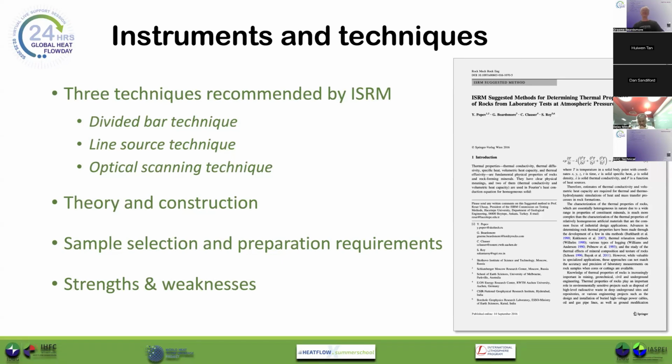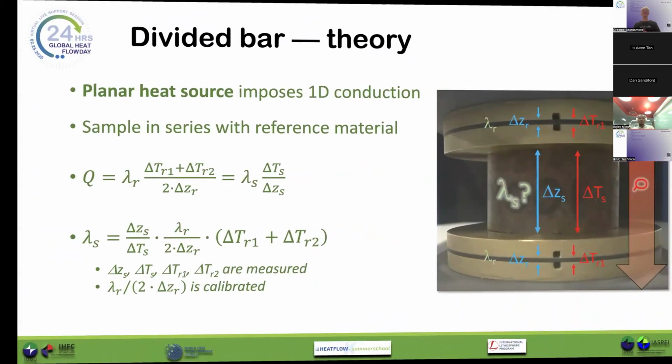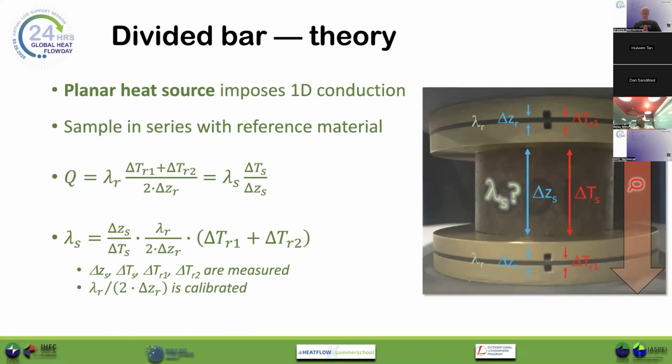No one instrument can measure everything. They all have their strengths and weaknesses. Ideally, you can pick and choose between instruments. Often you can't, though. So I'll start with the divided bar, actually, because it was really the first instrument to be developed for measuring thermal conductivity of rocks.